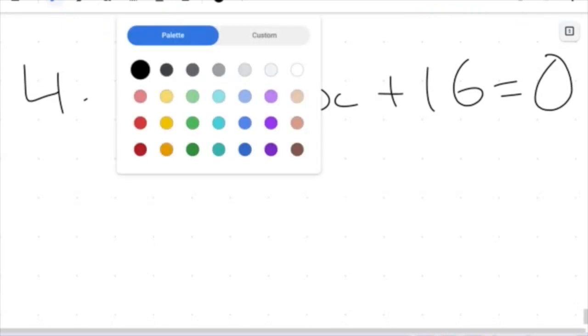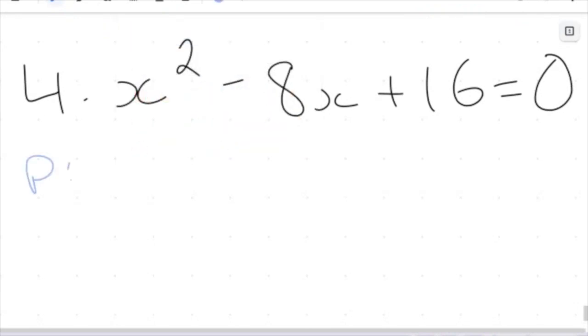Now I have my expression on the left. I'm going to factorize this again using my PSF method. So I want a product of 16, a sum of -8, and my two factors are going to be -4 and -4.